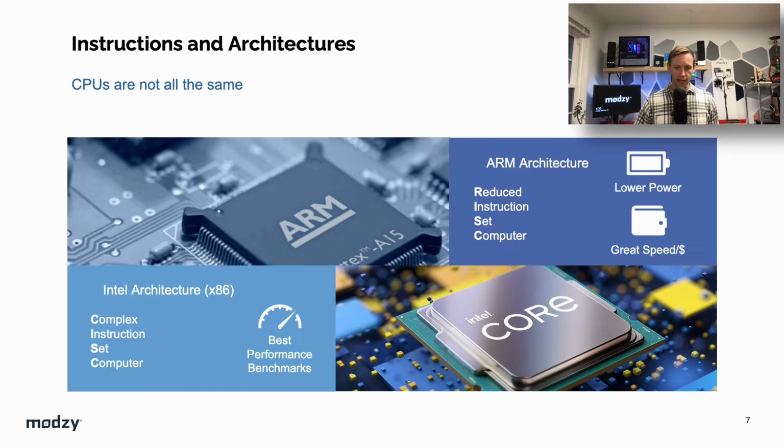Now, the Intel architecture, or x86 architecture, uses what's called the complex instruction set. It means it has a lot of different instructions of things it can do. So I mentioned before, you can do addition, subtraction, multiplication, and division. You can also do all of these other fancy things that allow you to streamline and optimize your code.